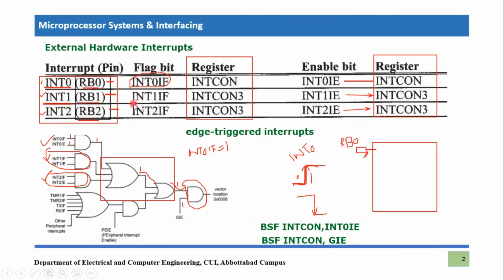For interrupt 1 there will be interrupt 1 IF, right? So these flags will become equal to 1. And if their corresponding enable bits are high, we will have their notification, provided that GIE is also 1.